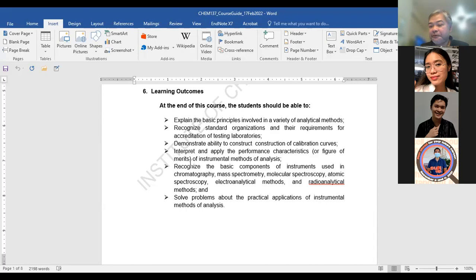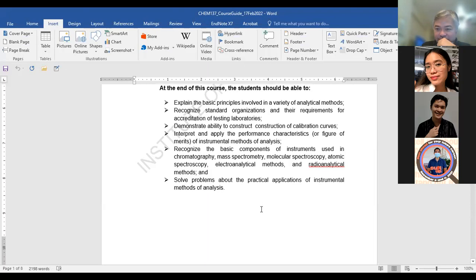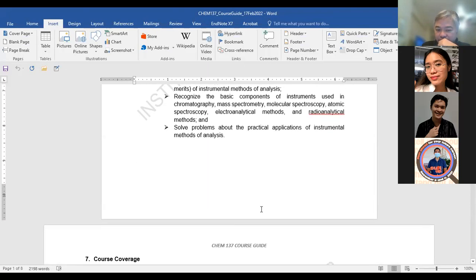Interpret and apply the performance characteristic or figure of merits of instrumental methods of analysis. Recognize the basic components of instrument used in chromatography, mass spectrometry, molecular spectroscopy, atomic spectroscopy, electroanalytical methods, and radioanalytical methods. And then last but not the least, solve problems about the practical applications of instrumental methods of analysis. So those are your guide, okay, for you to pass the course.